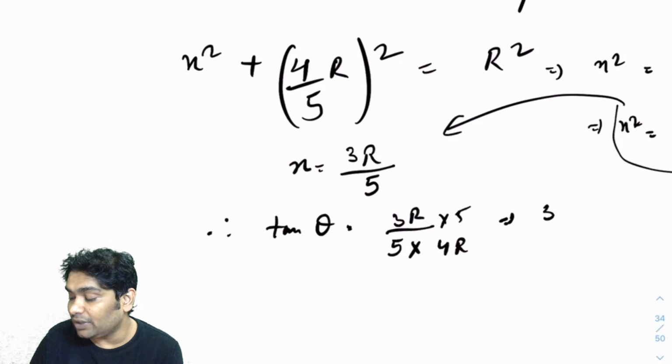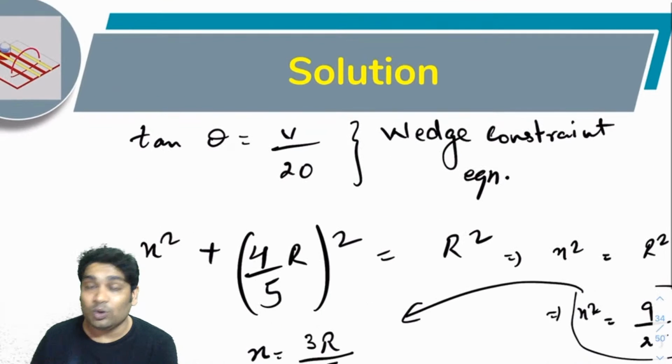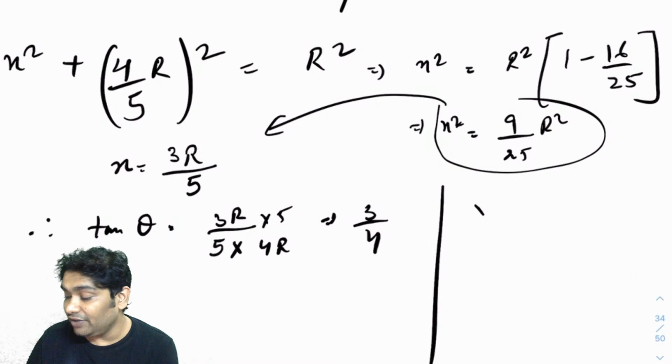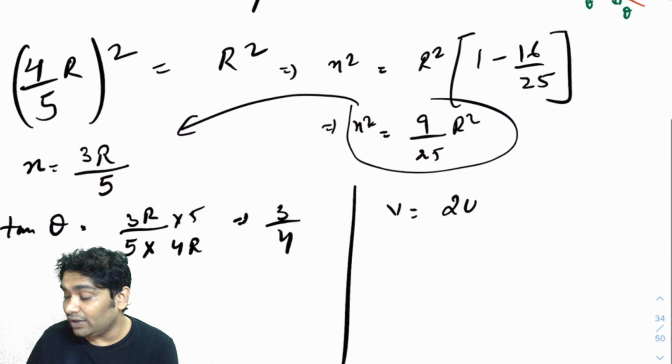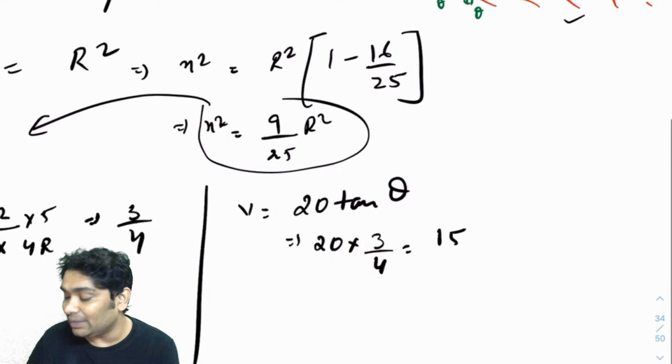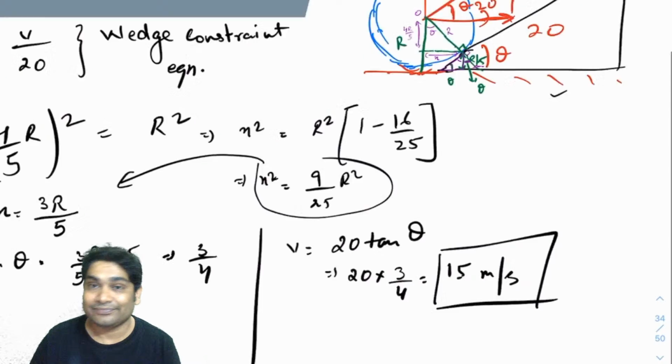So this comes out to be 3 over 4. Now all I need to do is substitute this value here. V would be equal to 20 tan theta, so V equals 20 into 3 over 4. So V comes out to be 15 meter per second. That is my answer.